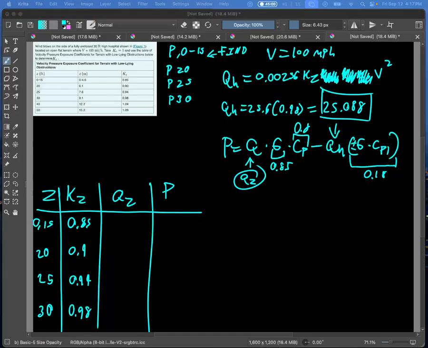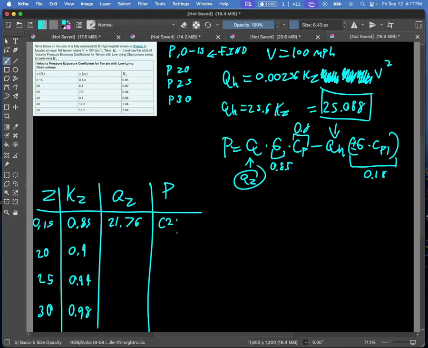So basically for the QZ, we use this equation here, but instead we're going to change this number, right? This is going to be our KZ. So 25.6 times 0.85 is going to give us 21.76.